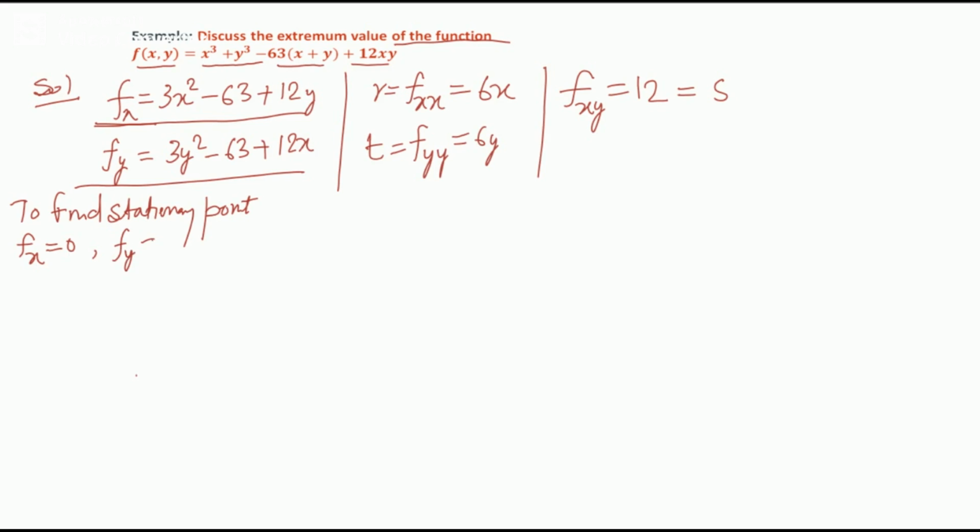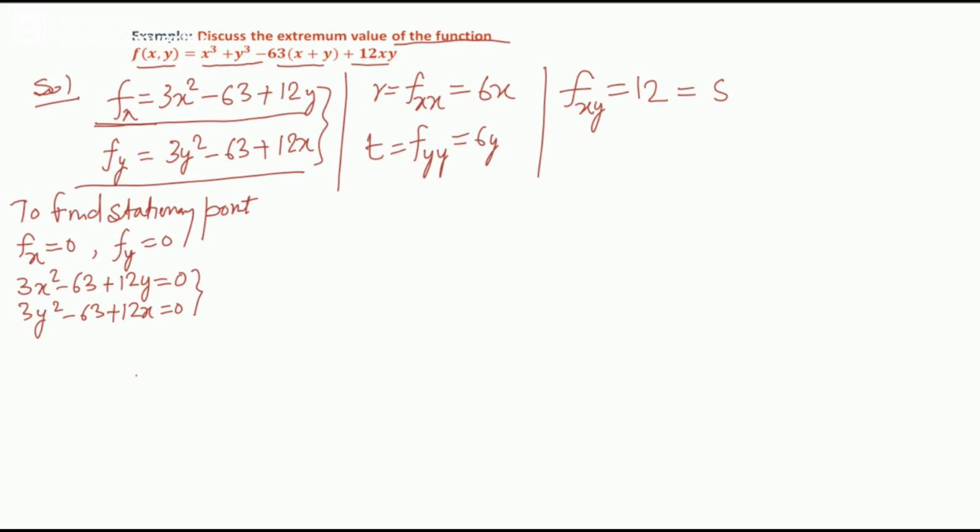These partial derivatives we put equal to 0. So we get two equations: 3x square minus 63 plus 12y is equal to 0, and 3y square minus 63 plus 12x is equal to 0.